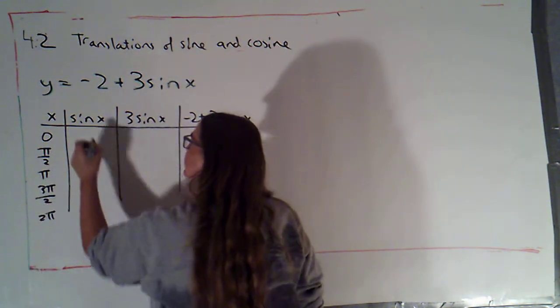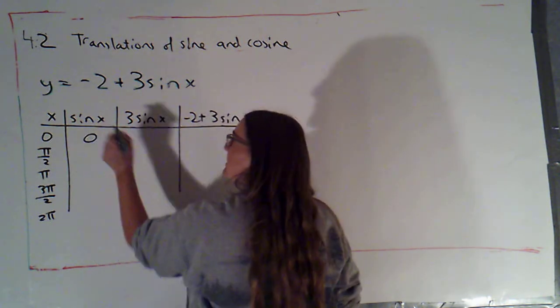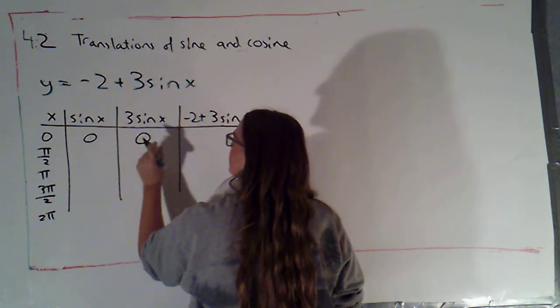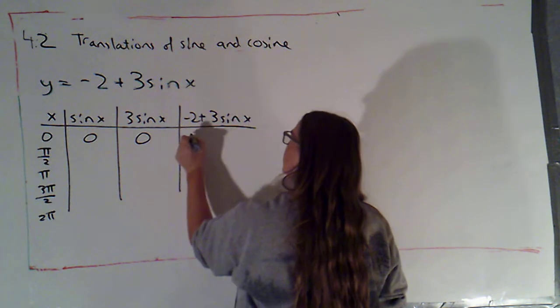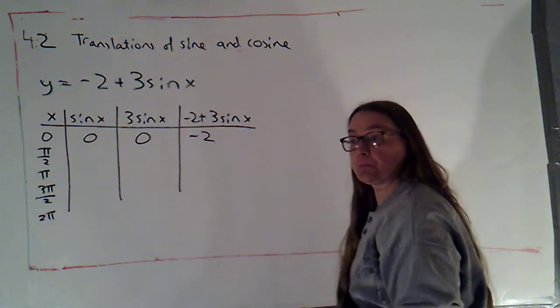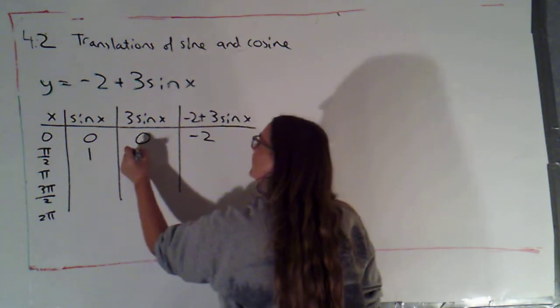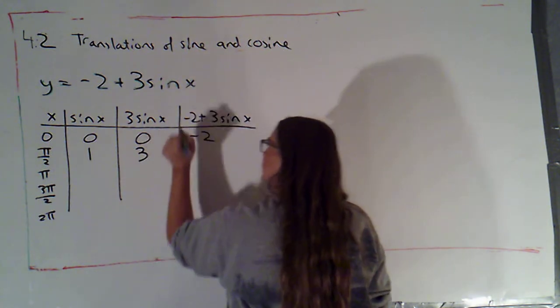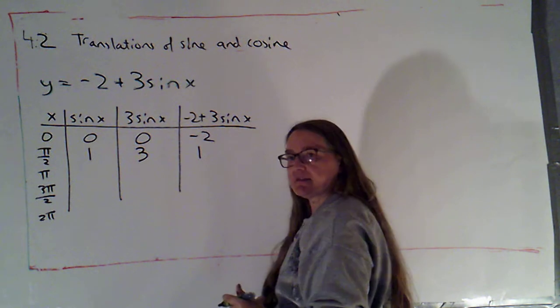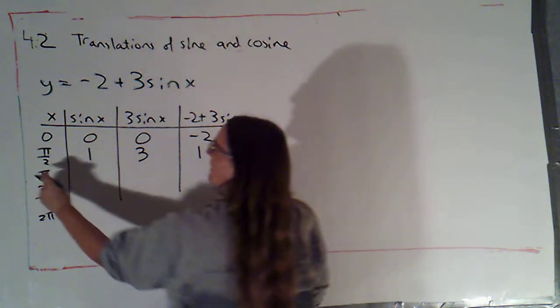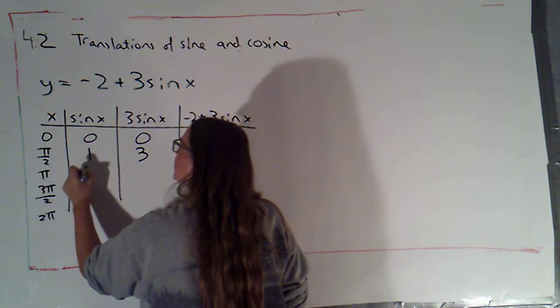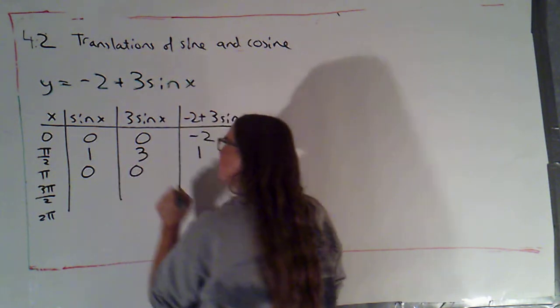So sine of 0 is 0. 0 times 3 is 0. Negative 2 plus 0 is negative 2. Sine of pi over 2 is 1. 3 times 1 is 3. Negative 2 plus 3 is positive 1. Sine of pi is 0. 3 times 0 is 0.